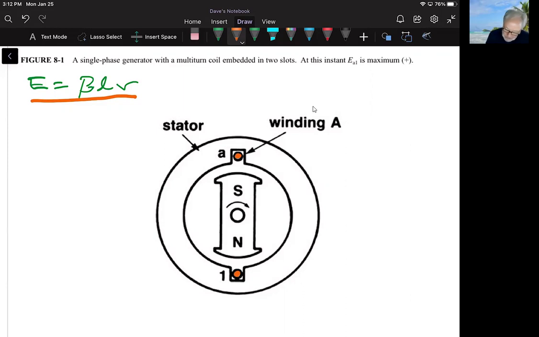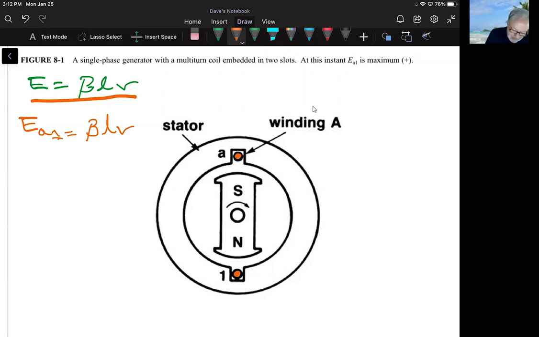So what we're going to get here is the sum of all the voltages that are induced in all the conductors in the terminal. And so this total voltage here has a specific equation that is matched to our designation, where we call this voltage EA1.